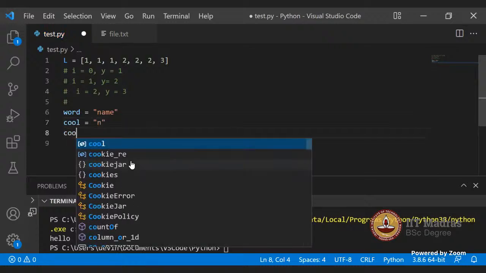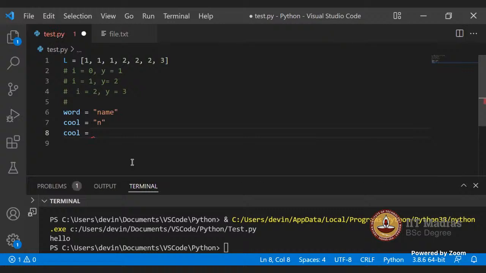After the second iteration, cool will be equal to a plus n, which gives an. After that it's going to be m, after that it's going to be e.